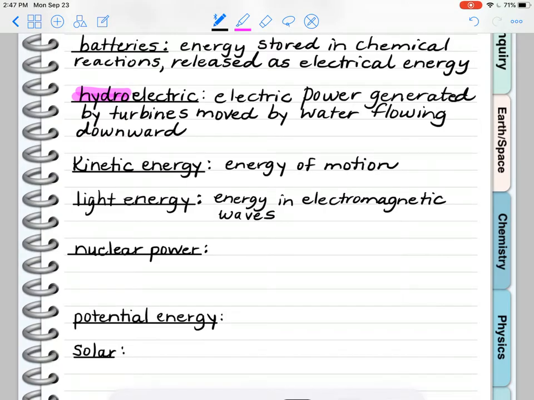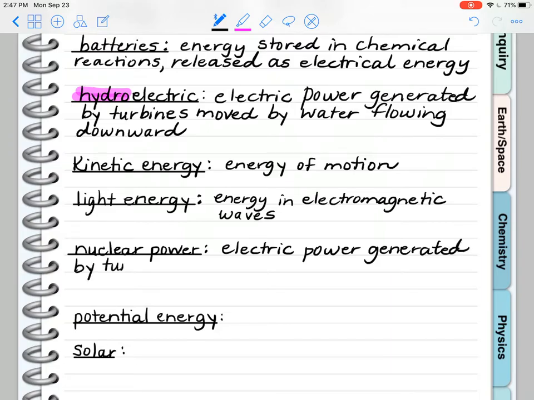Nuclear power is electric power generated by turbines. So far we're like hydroelectric power, moved by steam or water vapor.